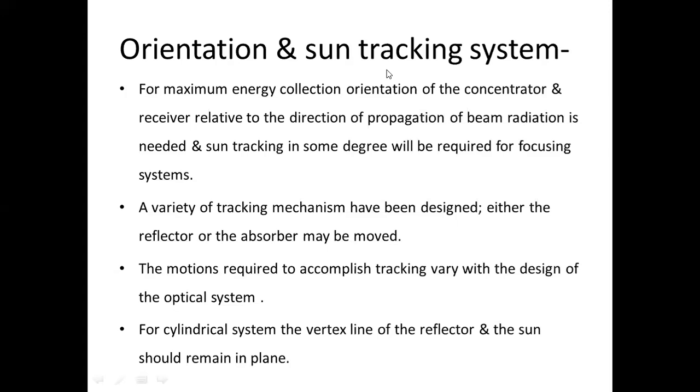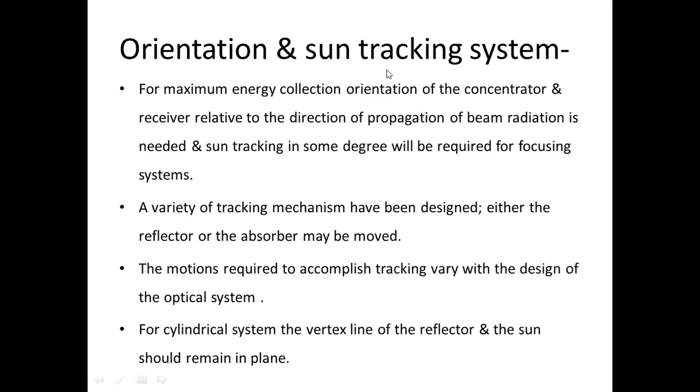If continuous tracking is not possible, we have to change the angle of the panels for particular days or after particular days or a particular season, so that by gathering all the solar data, we can track the sun.